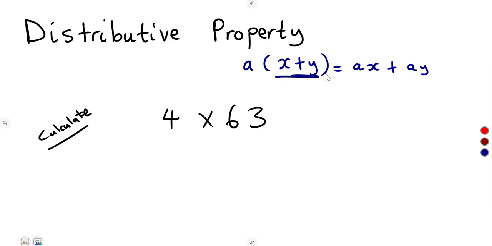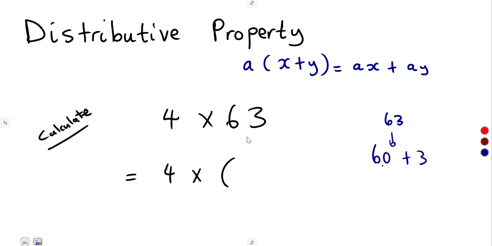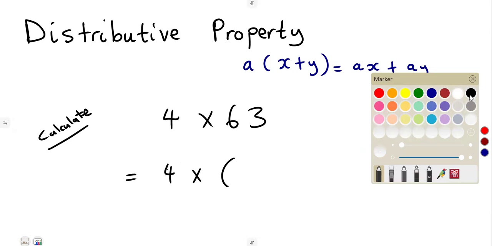Can it be written in terms of two numbers added together? 63, 60 plus 3. So we can separate it as 60 plus 3. It's one and the same. 4 times the 63 expanded or separated in 2 is 60 plus 3.